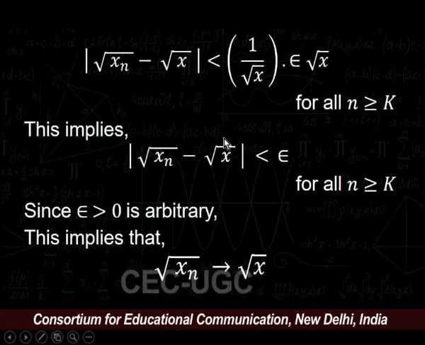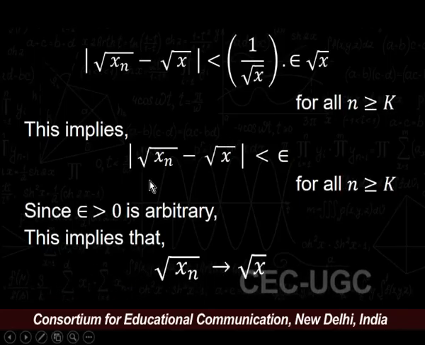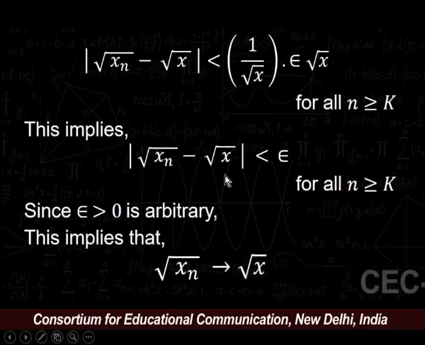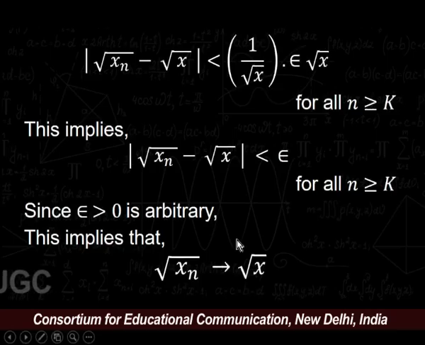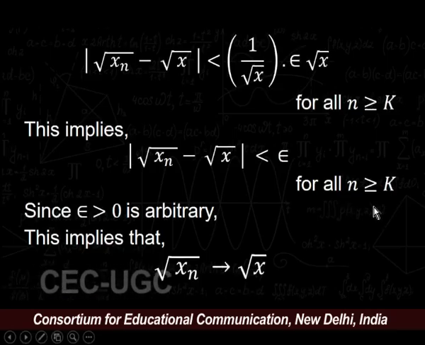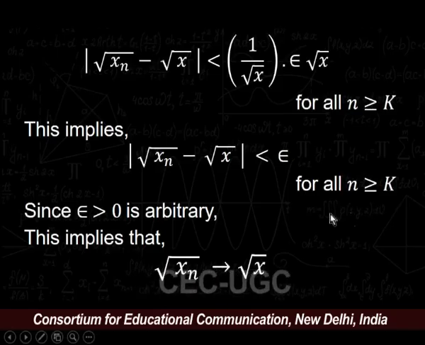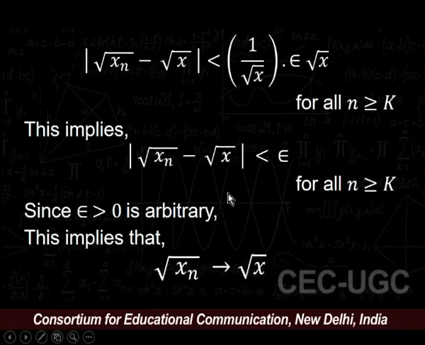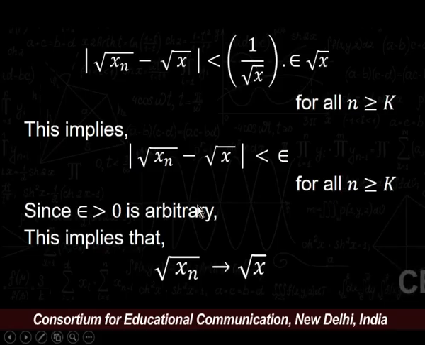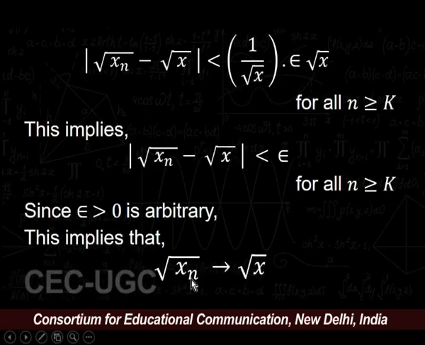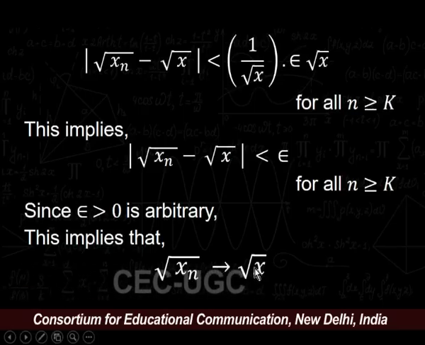This implies that modulus of square root of xn minus square root of x is less than epsilon for all n greater than or equal to k. Again, by the definition of convergence of a sequence of real numbers, we can say that the limit of the sequence square root of xn approaches square root of x.